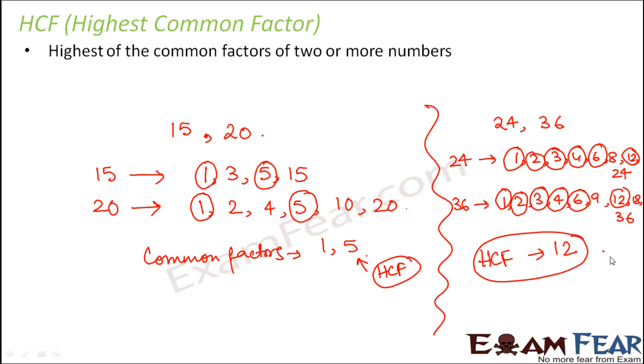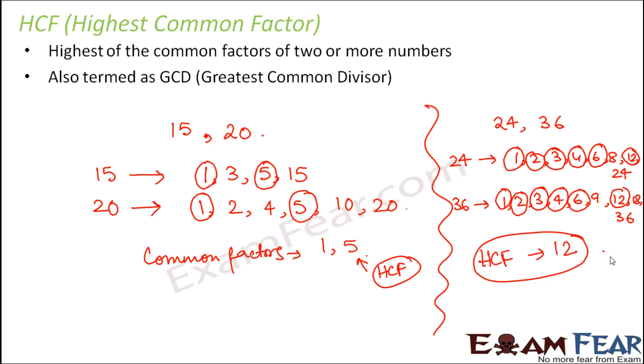Now, what is the meaning of HCF basically? It is the highest common factor, or we can say that it is the greatest common divisor. That means it is the greatest value which can divide both of these numbers exactly. If you divide 24 by 12, you will get 0 remainder. If you divide 36 by 12, you will get 0 remainder.